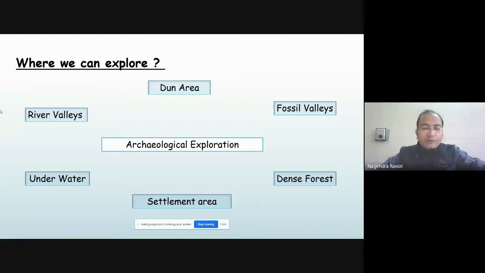Accordingly, you choose your areas: river valleys, fossil valleys, underwater areas, dense forest, dune areas, mountains, any kind of area. These are the most important areas for an archaeological researcher.